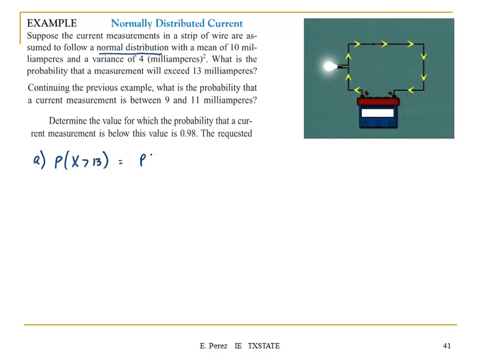So it's the probability of Z greater than 13 minus 10 divided by the standard deviation. Why is the standard deviation 2? Because the problem is giving you the variance. The standard deviation is the square root of the variance.